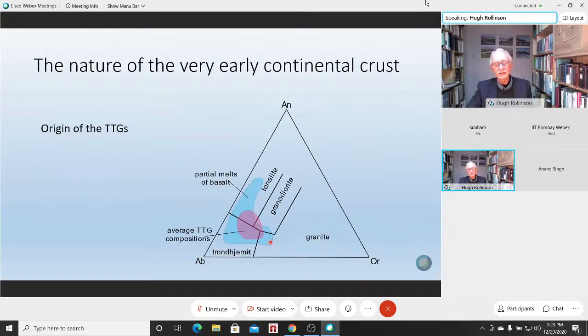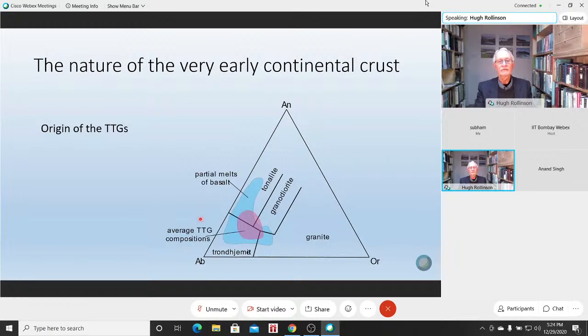So if you take a basaltic rock and melt it somewhere between 10 and 30%, you will generate a felsic melt. And that felsic melt may be tonalitic, trondhjemitic, or granodioritic, or even granitic. And so we see an overlap between the composition of TTGs and the partial melt of basalts, implying that TTGs are most probably the partial melt of basaltic rocks.